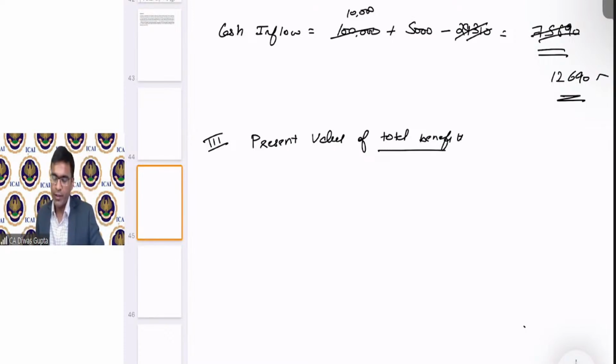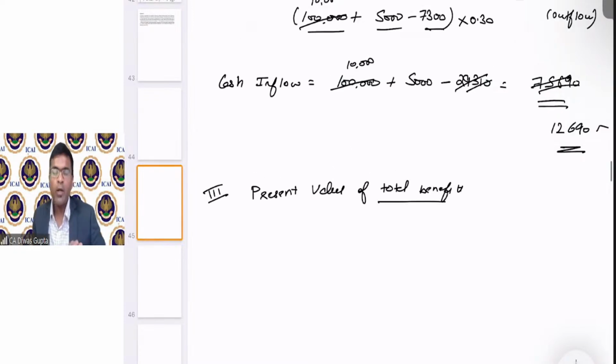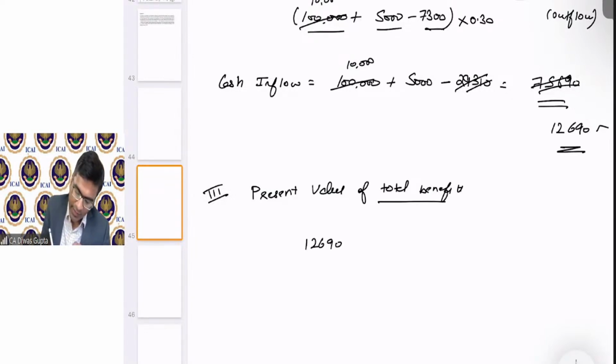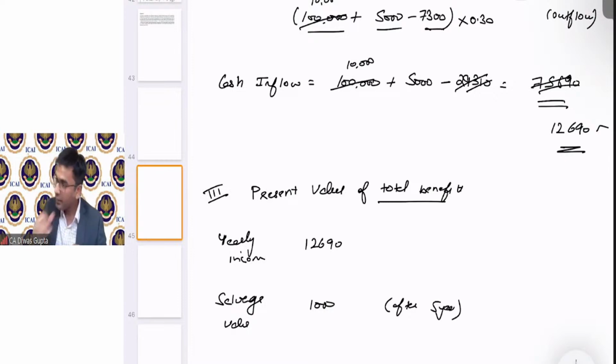The tax amount will also change accordingly. So the present value of total benefits is 12,690 that you will get, plus, this is the yearly income, then salvage value of 1,000. This we will get after 5 years, correct?